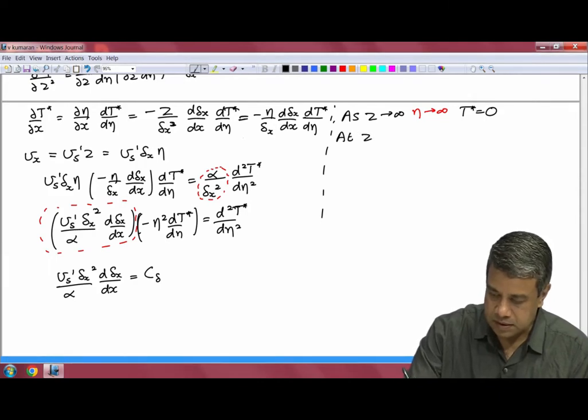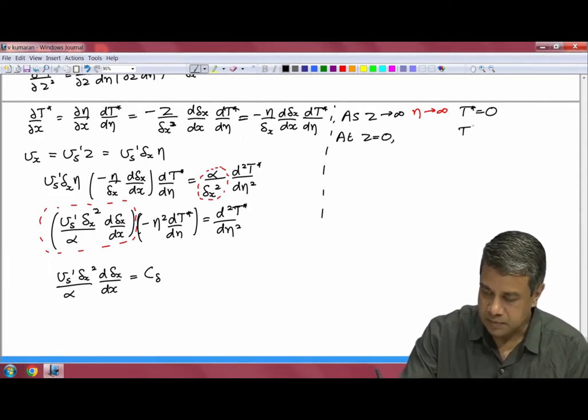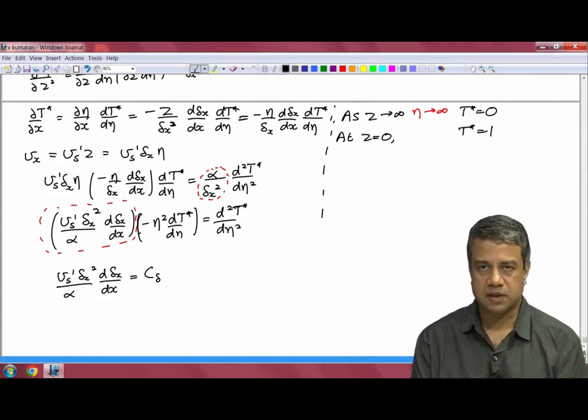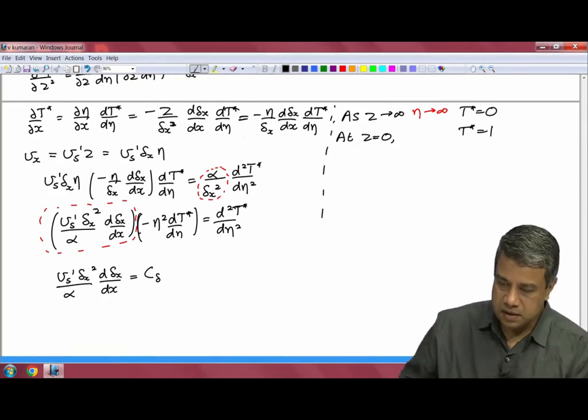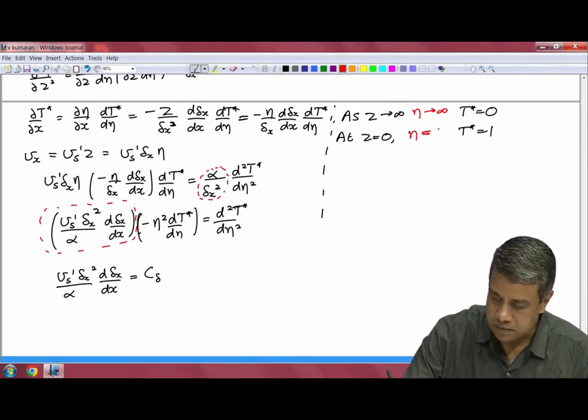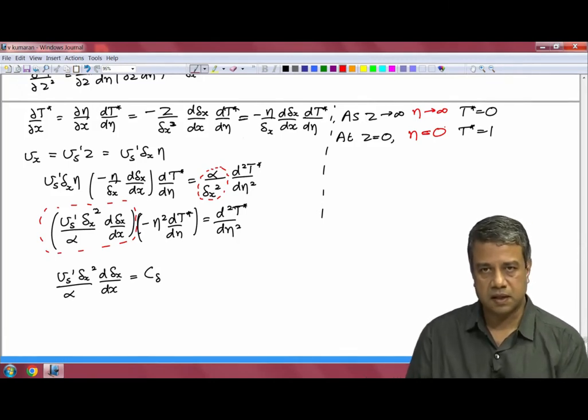At z equal to 0, the scaled temperature is equal to 1. Note that the temperature was the wall temperature and the scaled temperature is 1. At z equal to 0, eta is z by delta x, so this implies that eta is equal to 0. So, that is the boundary condition in the eta direction.